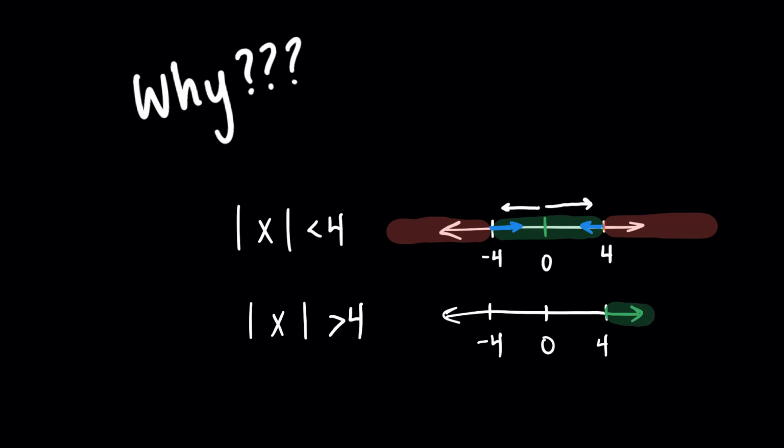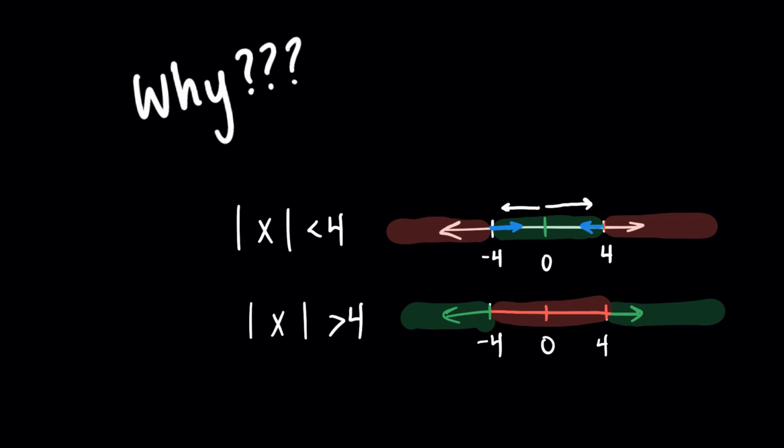That means that the good zones now are the green parts and the bad zone is now the red part. The only way that you can get an inequality that provides a graph like this is if you have an or, right? You have to say, hey, x needs to either be less than negative 4 or x needs to be greater than 4. That's how I kind of mentally remember how those work.